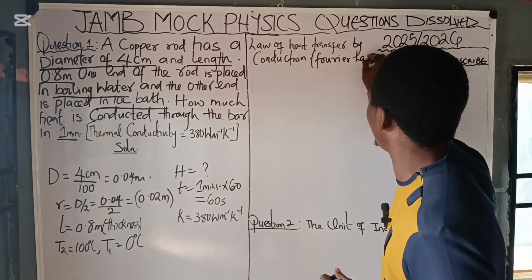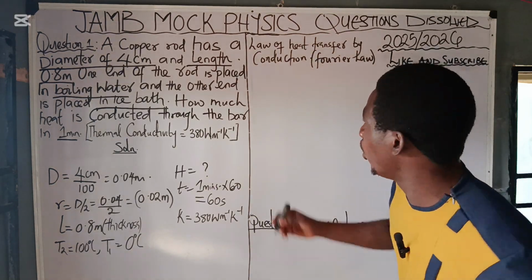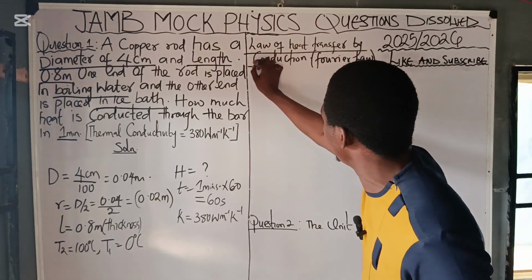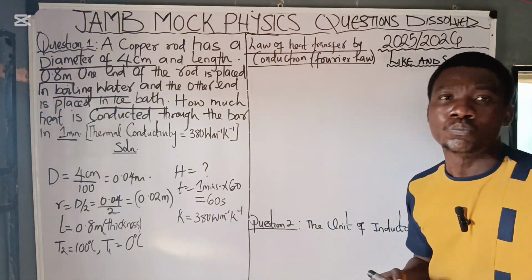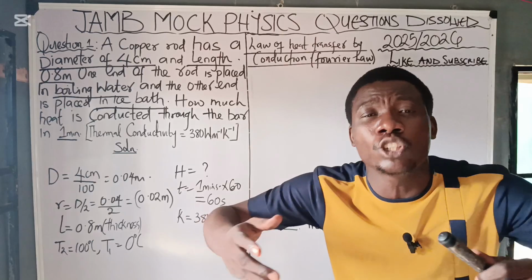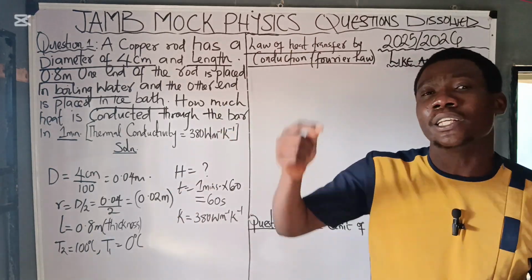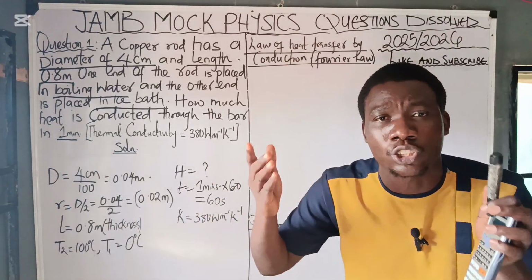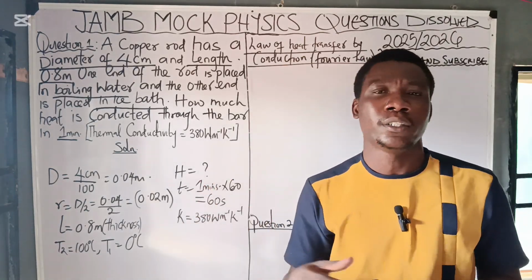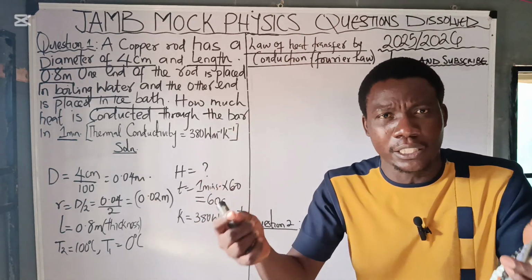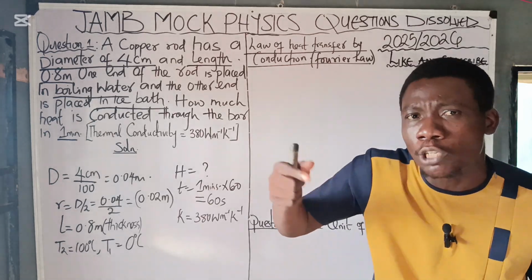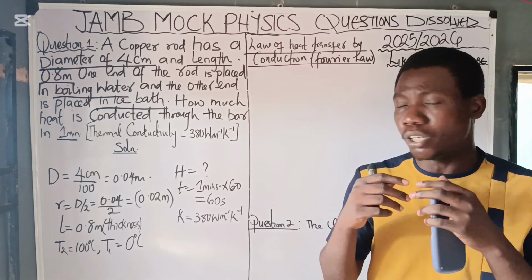According to this law, it states that the rate of heat transfer through a material is directly proportional to the cross-sectional area of the material and the difference in the temperature, and inversely proportional to the thickness or the length.